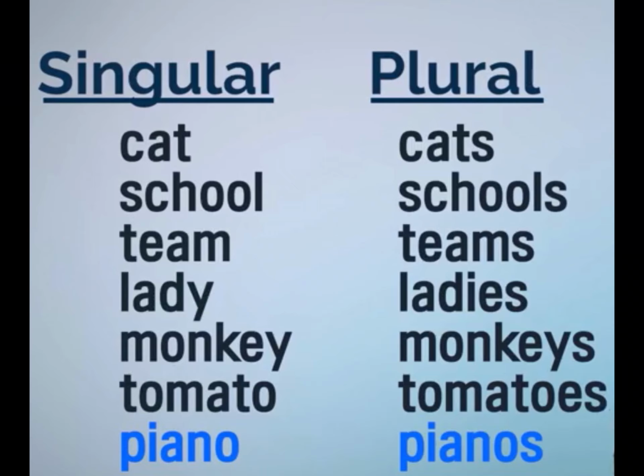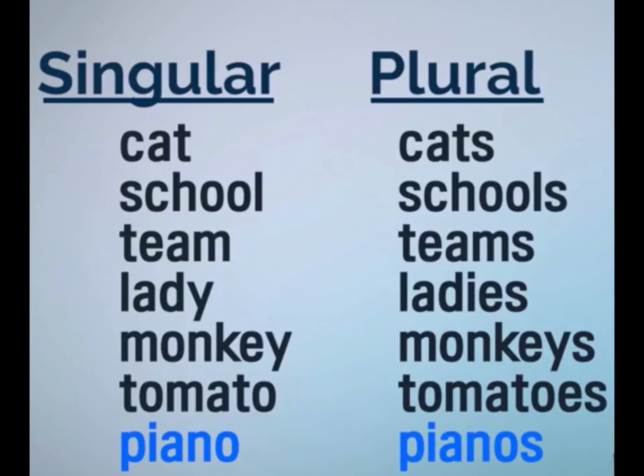Cat is singular. For the plural, it becomes cats. School becomes schools. Team becomes teams. Lady becomes ladies. Monkey, singular monkey becomes plural monkeys. Singular tomato becomes plural tomatoes. And finally, piano becomes plural pianos.